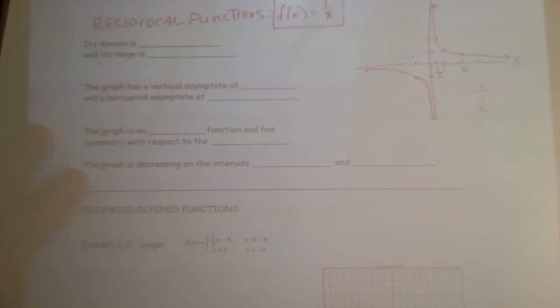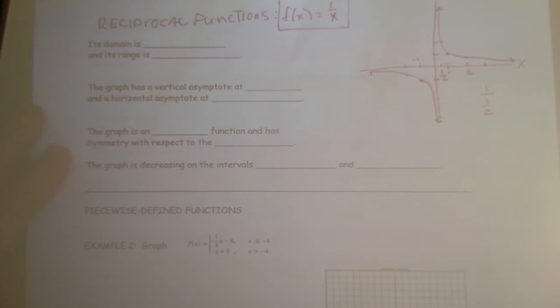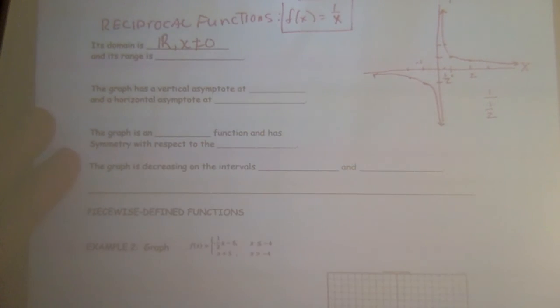So there's that. Did you guys do this graph in algebra 2? So what's the domain of this function? All reals except what? x can't be 0. What's the range?